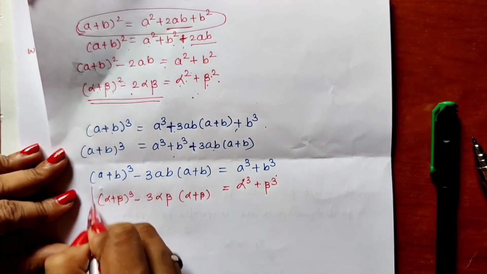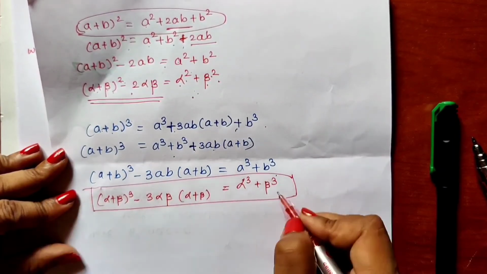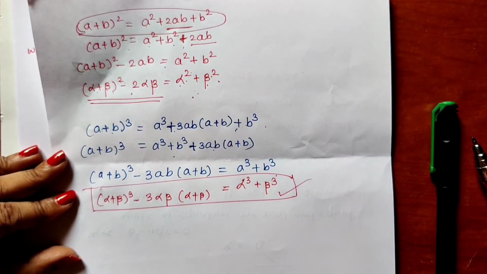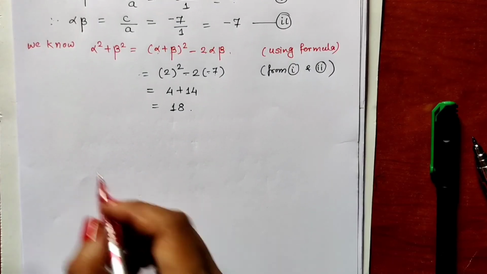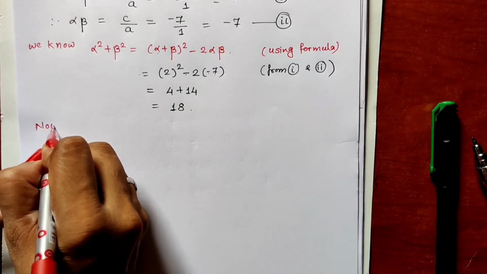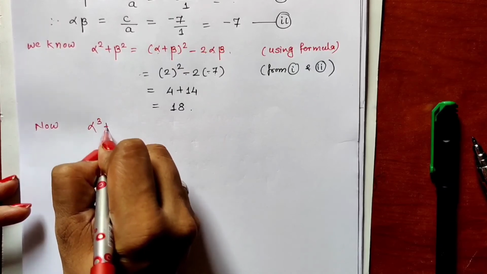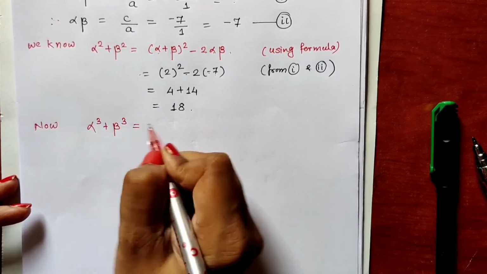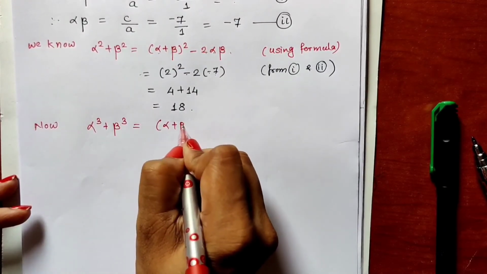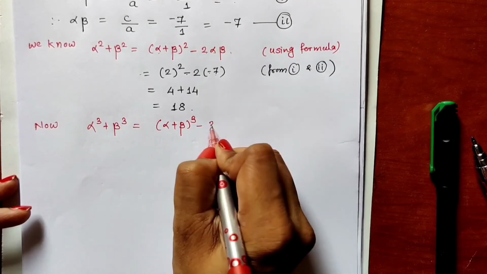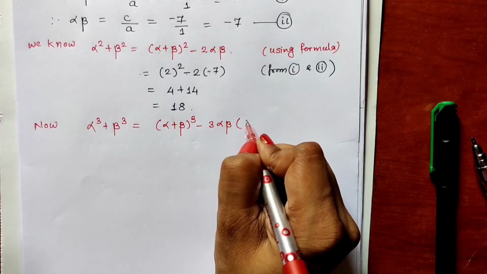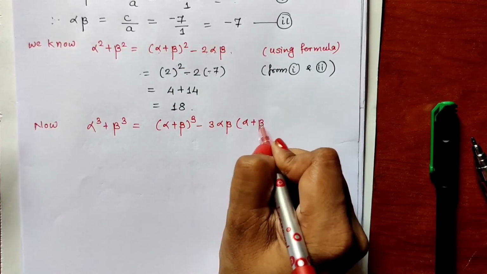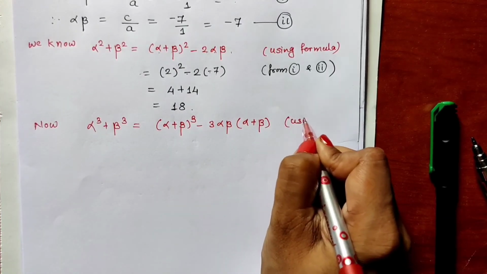So this formula we are going to use for getting the value of alpha cube plus beta cube. So let us write this formula here. Now alpha cube plus beta cube is equal to alpha plus beta whole cube minus 3 alpha beta into alpha plus beta, using formula.